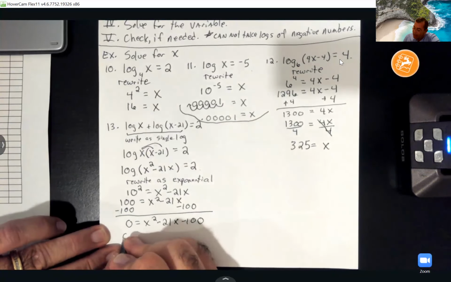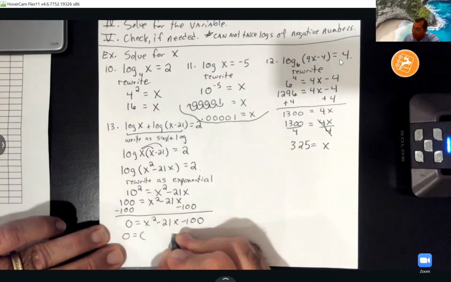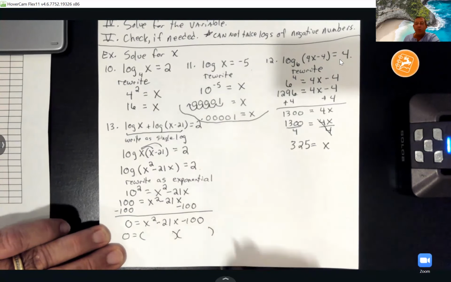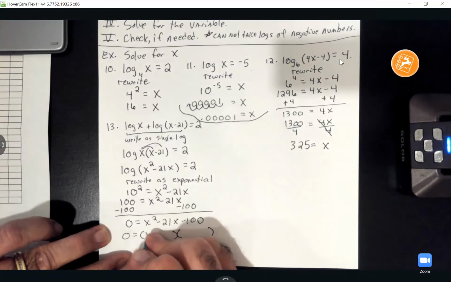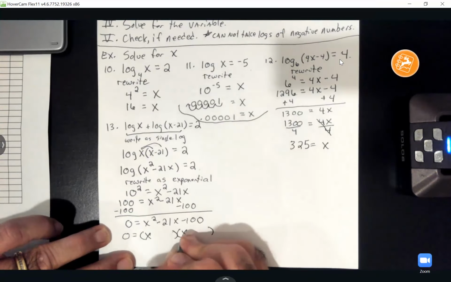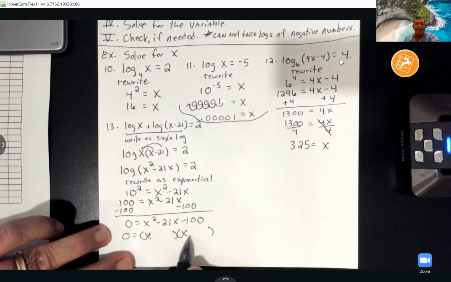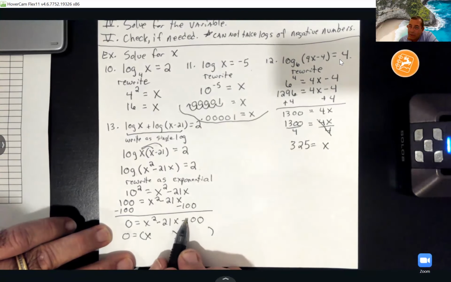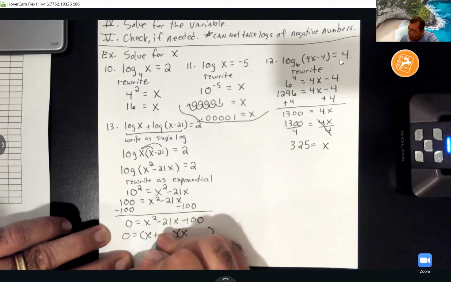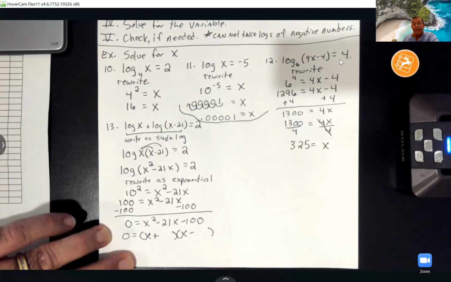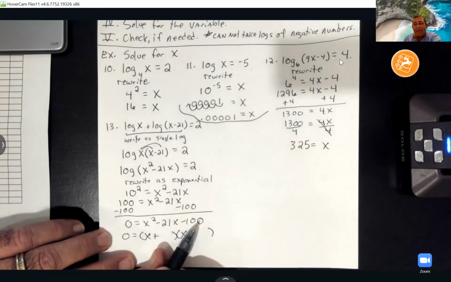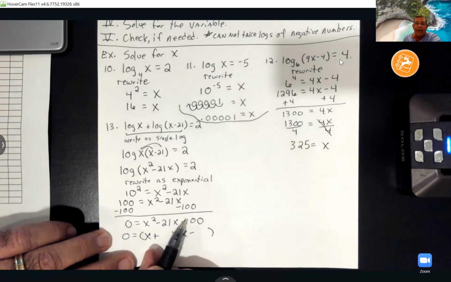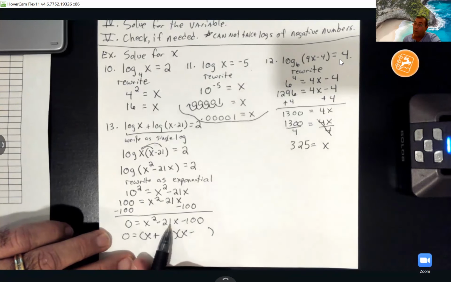All right, y'all. So now it's time to factor. X squared is x times x. Remember, the last number is negative, so you're going to have unlike signs. So check this out. Give me some factors of 100 that'll subtract and give me a 21.